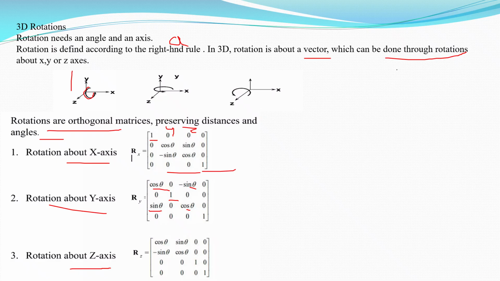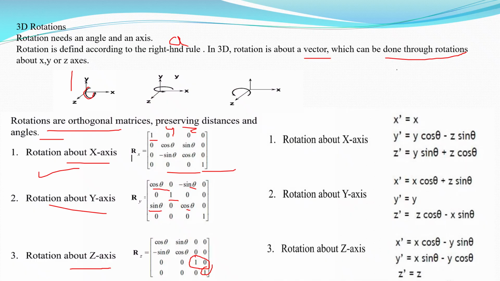And rotation about the z-axis: homogeneous is 1 and z is 1, and for x and y, here cos theta, sin theta, minus sin theta, cos theta, and the remaining are 0. Okay, so this is how we have to write down the matrix. And the equations we know: rotation about the x-axis, x dash is x, y dash is y cos theta minus z sin theta. Like this you have to write down.